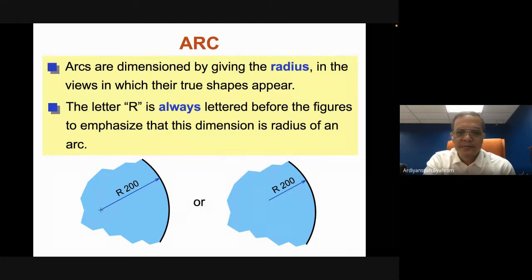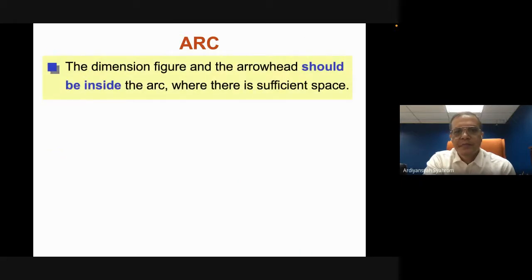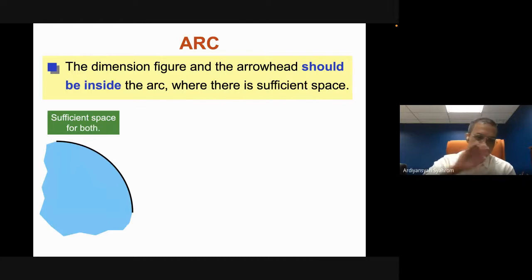The dimension figure and the arrowhead should be inside the arc where there is sufficient space, sufficient space for both.